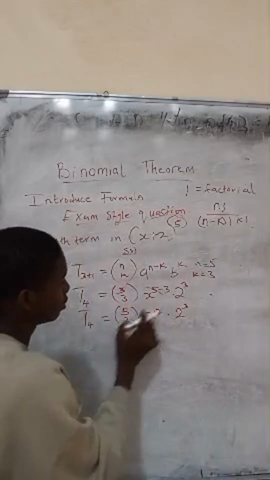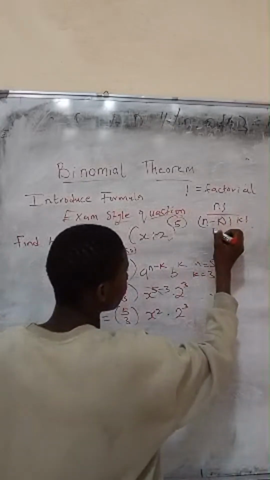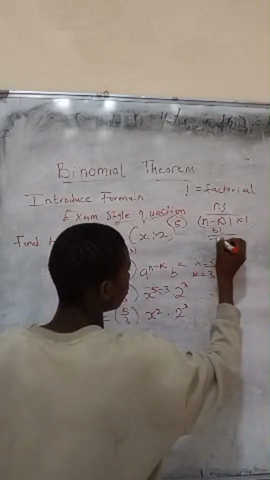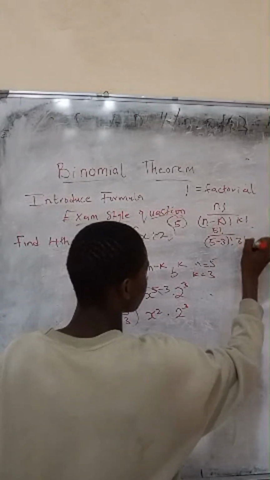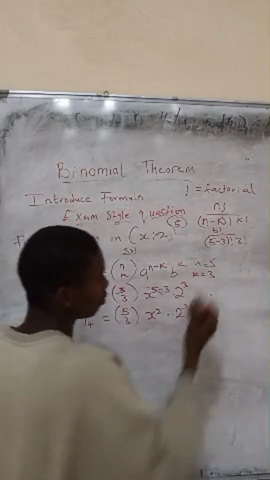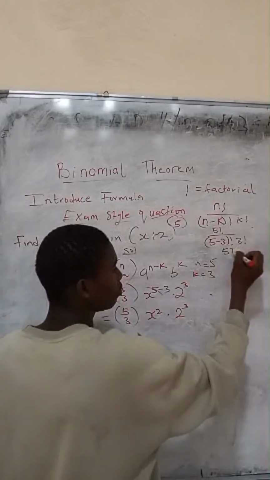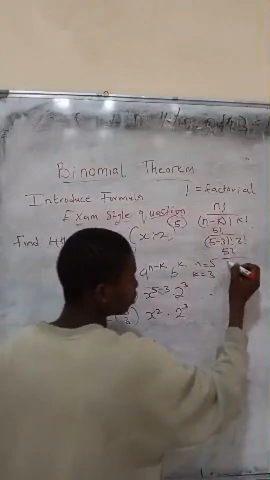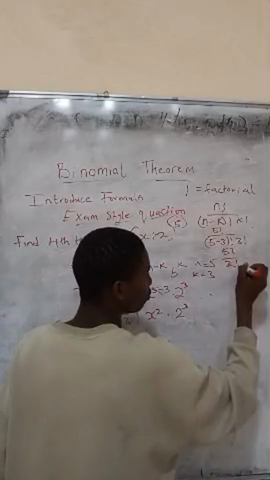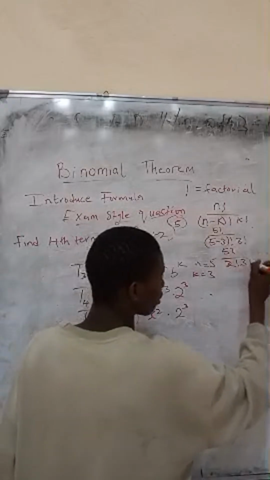So let's apply this. My n, 5 factorial over 5 minus 3 factorial, 3 factorial. Applying the formula, I'm going to be having 5 factorial all over this minus this, which is 2 factorial, and I have 3 factorial.